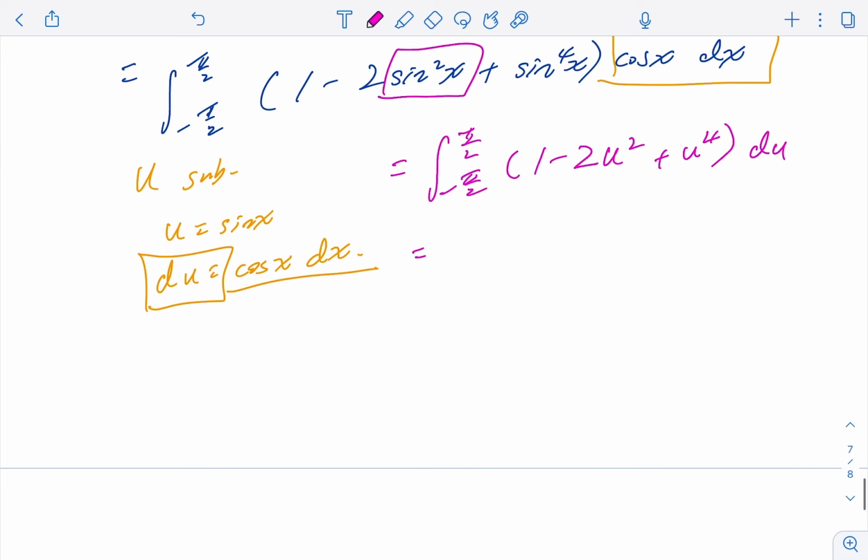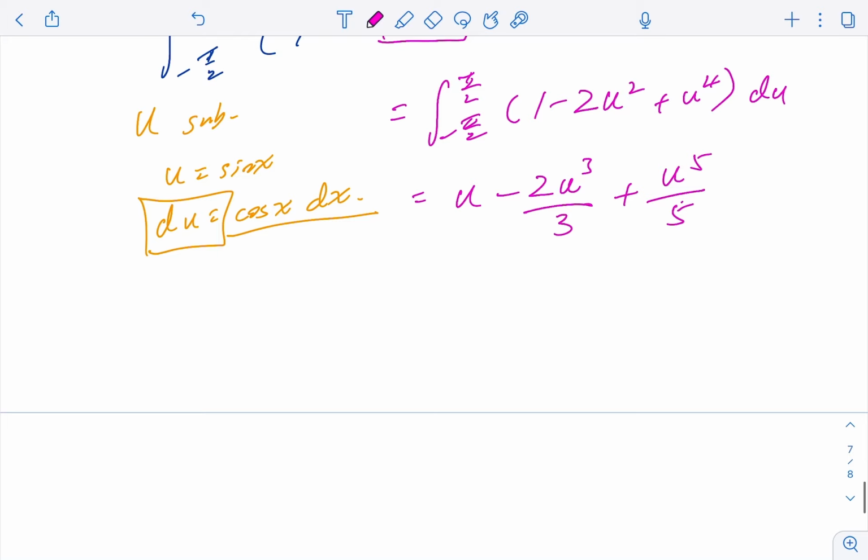So we just differentiate, sorry, integrate this straight away. Before that we should just write it in u's. So u minus 2u cubed over 3, those are the integration rules, plus u to the fifth over 5.